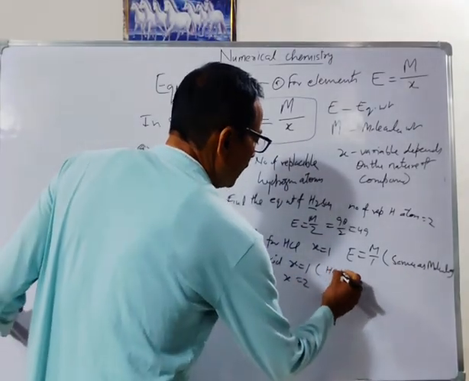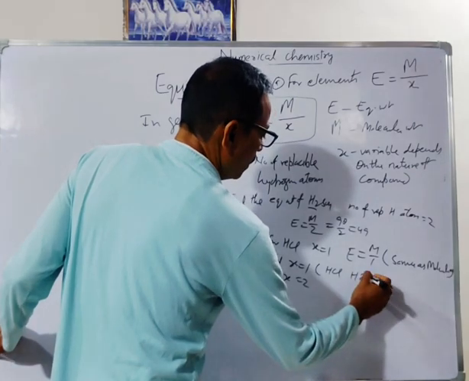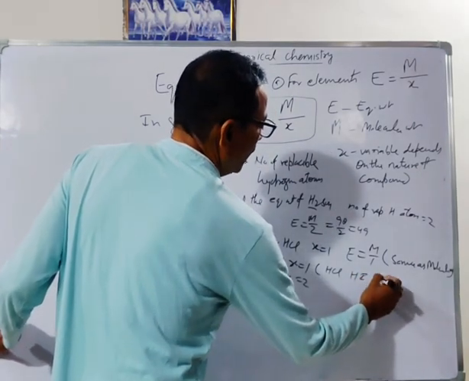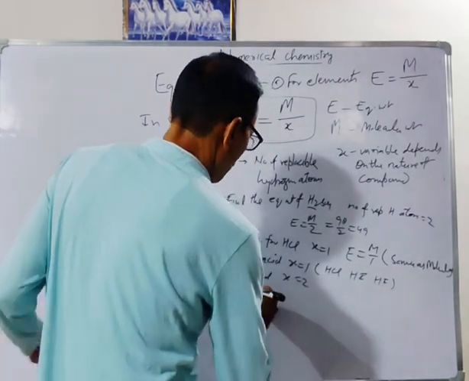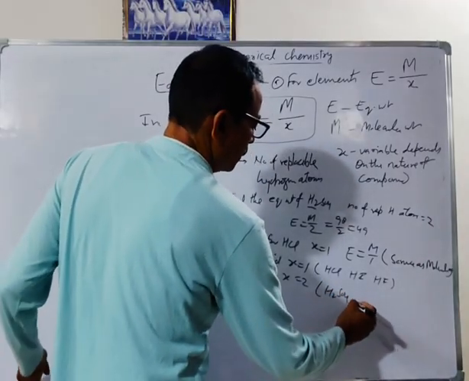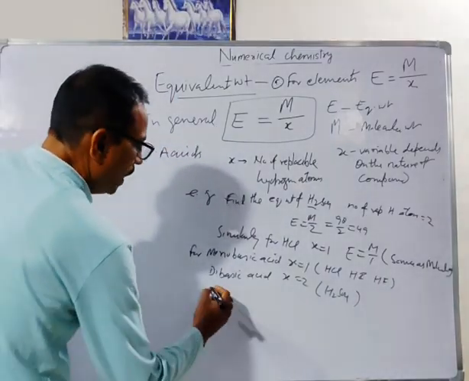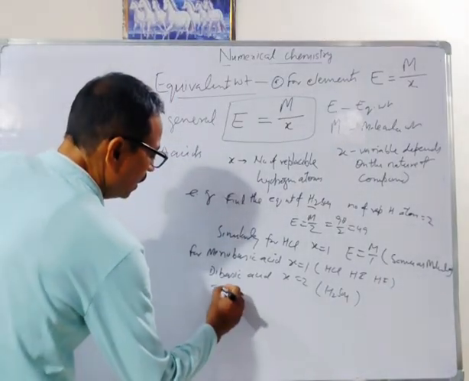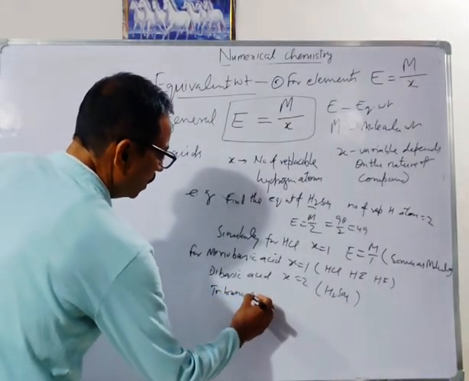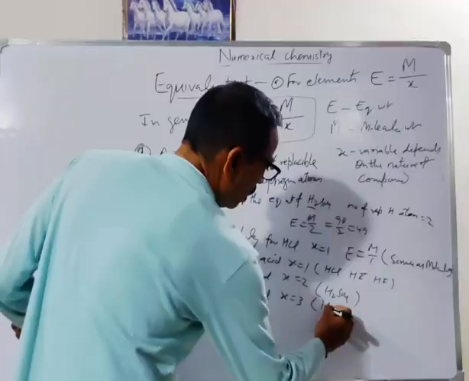Monobasic means HCl, HI, HF. Dibasic is H2SO4. Similarly, for tribasic acid X equals 3, that is H3PO4.